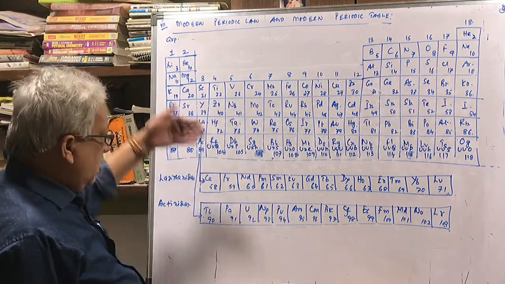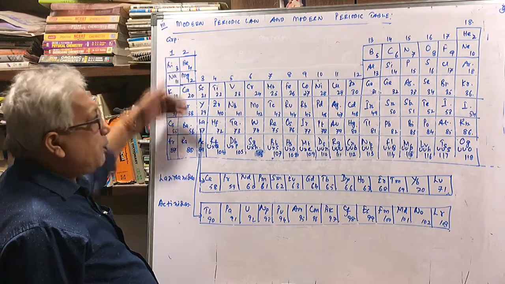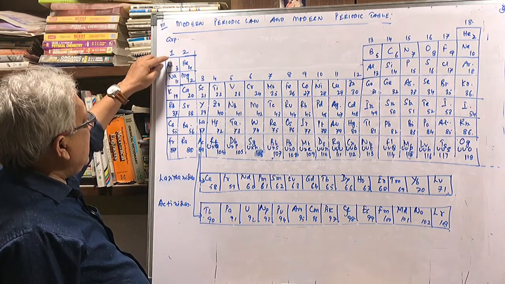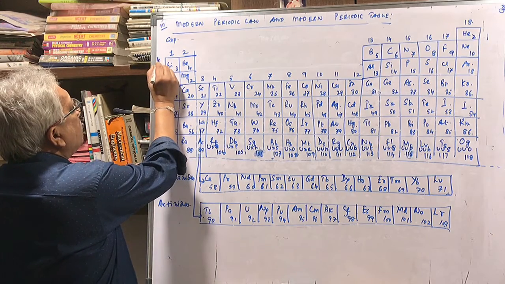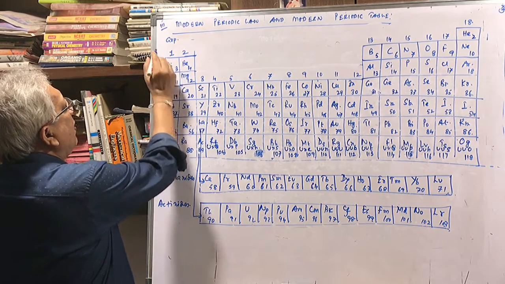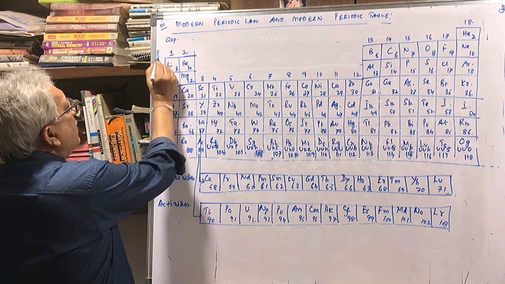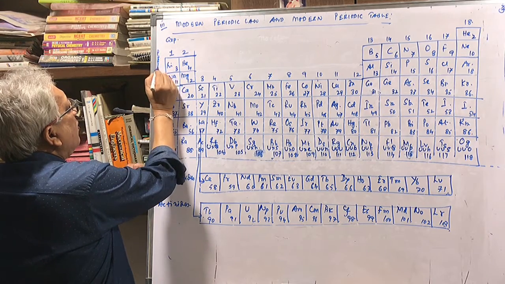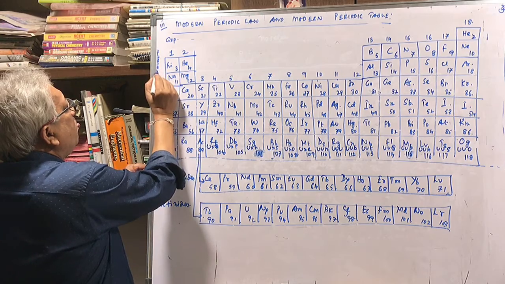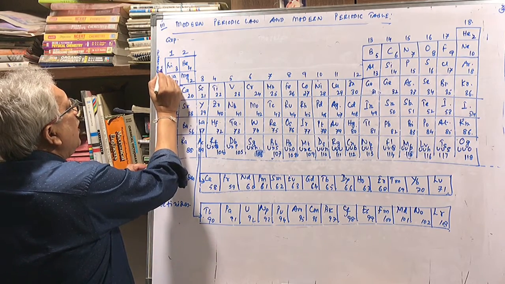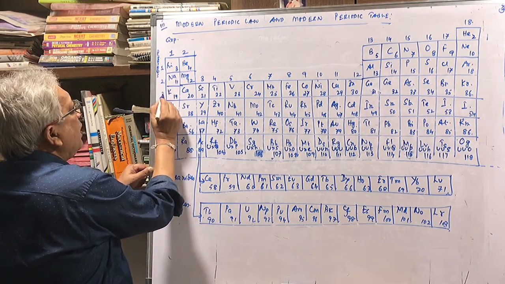Now if you see this periodic table, in any group, these are all groups and periods. There is very little place, so I am writing like this: periods. This is period 1, period 2.